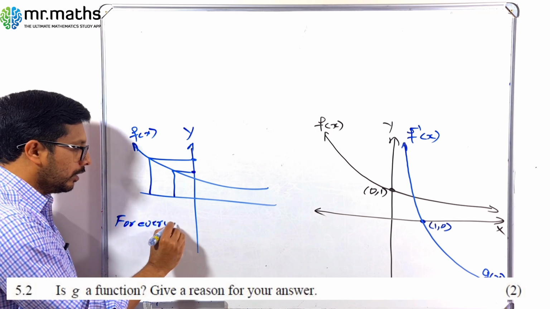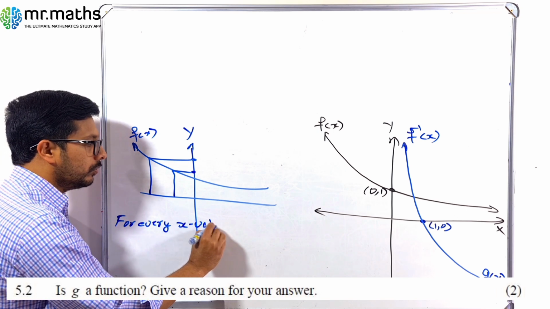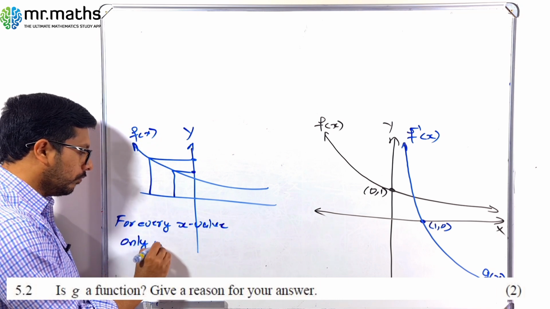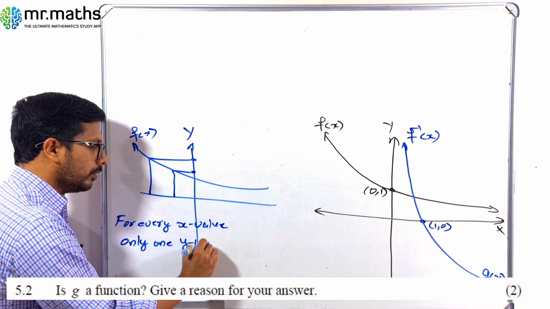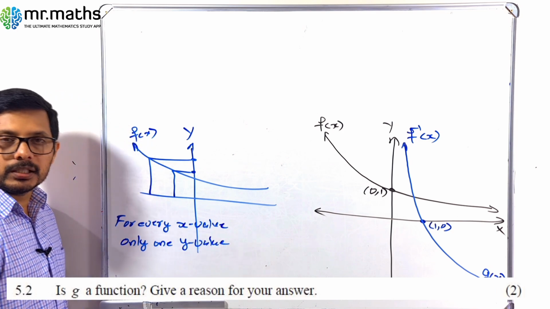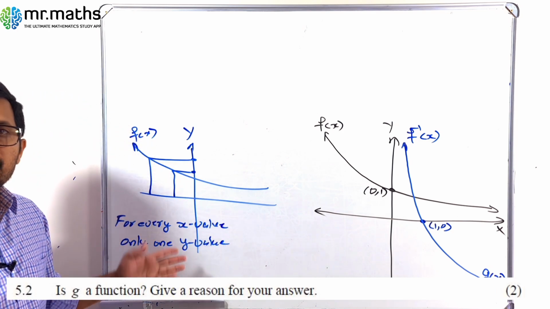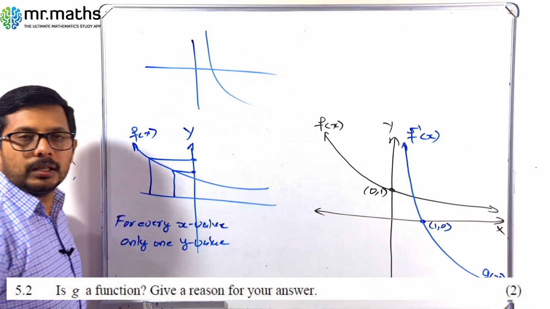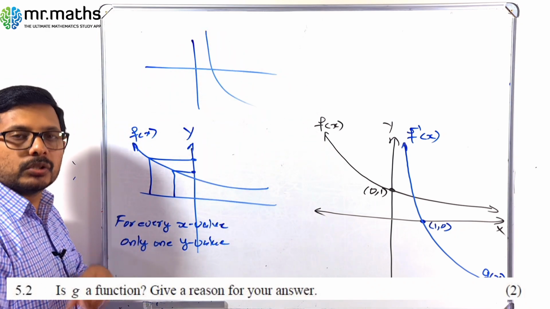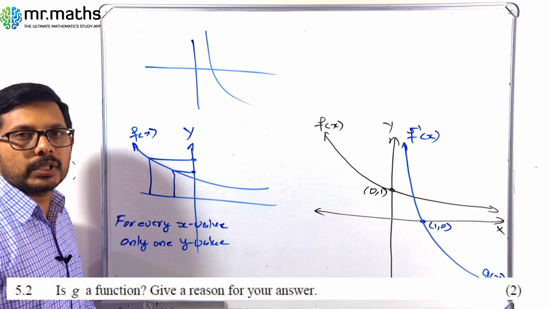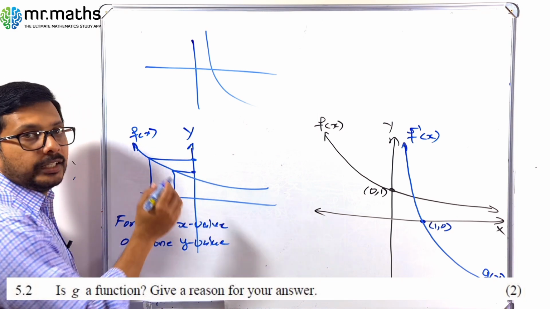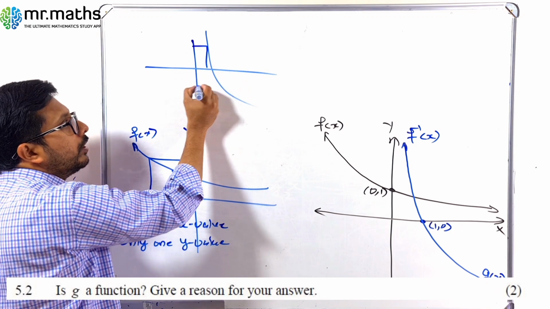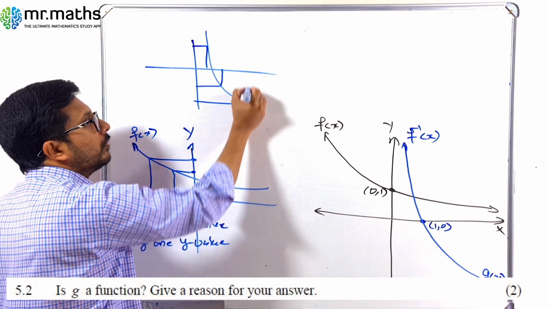For every x value, only one y value. Am I right? That is for the f of x graph. Okay, f inverse means you have to swap x and y. So what is the reason to say that this one is a function? Then you have to say for every y value you are getting only one x value.